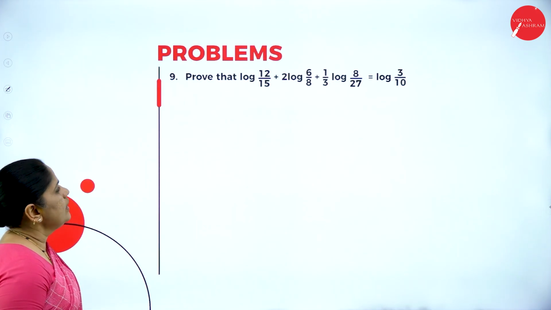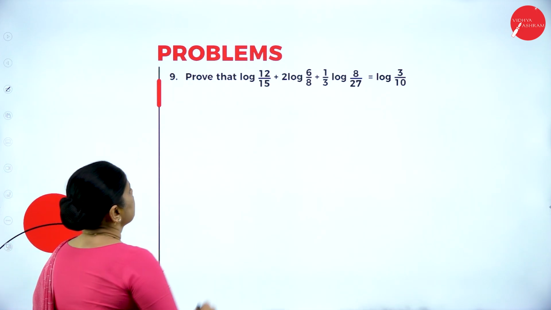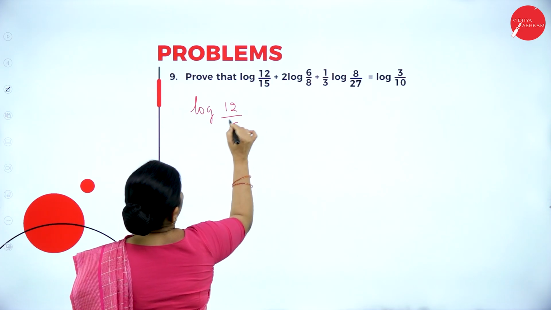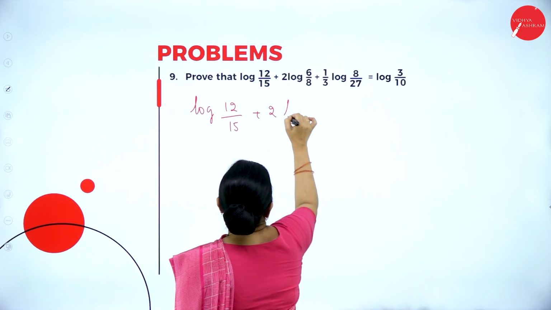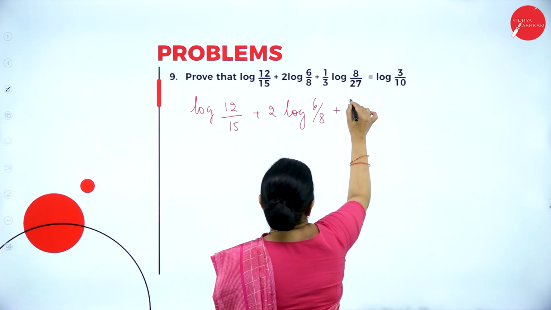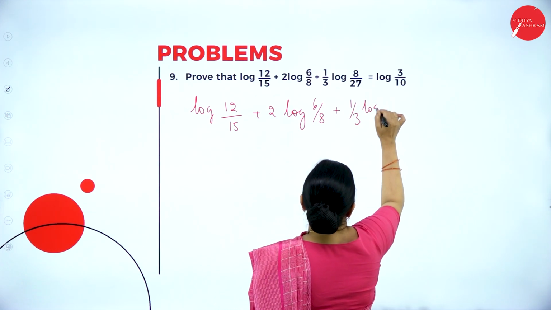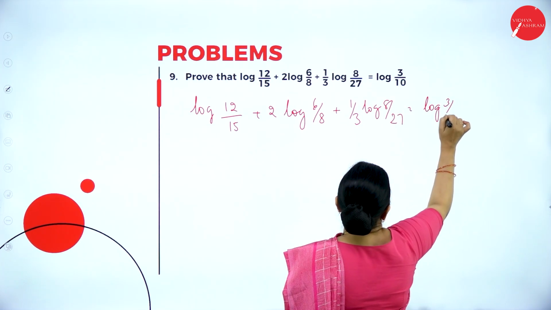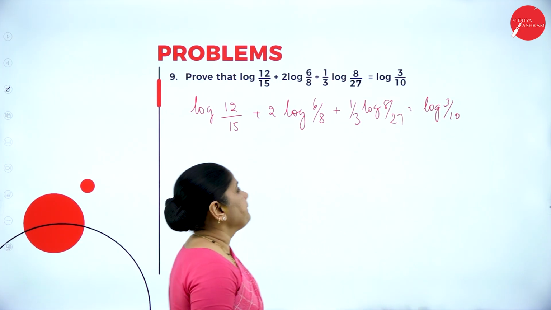The next one, prove that log 12 by 15 plus 2 log 6 by 8 plus 1/3 log 8 by 27 equals log 3 by 10.